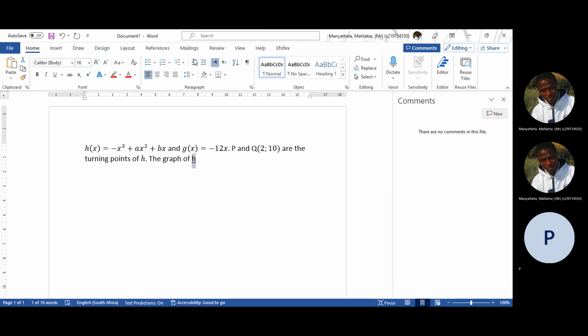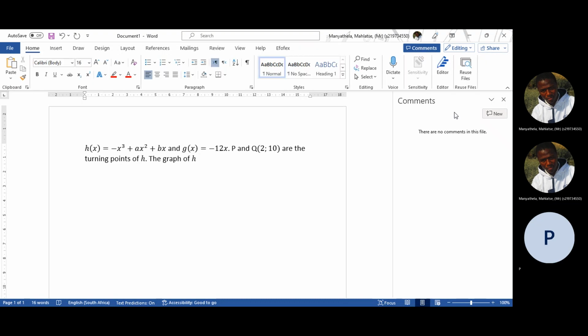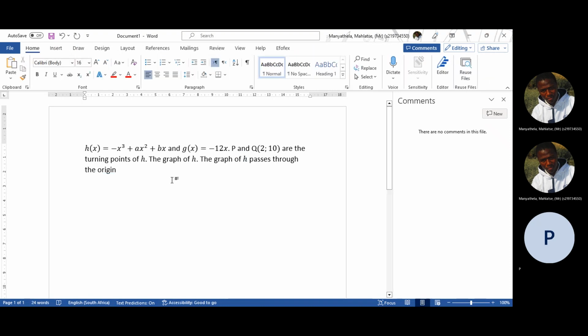It says P and Q are the turning points of the graph of H, and the graph of H passes through the origin. Okay, fine. This is what we have.